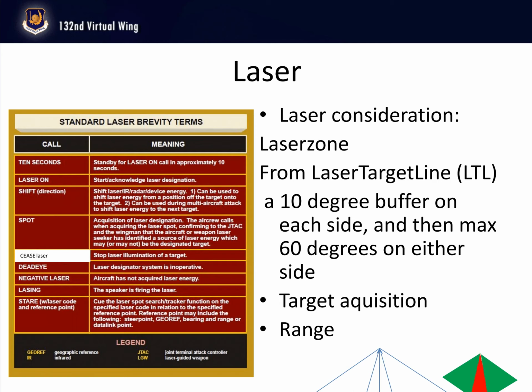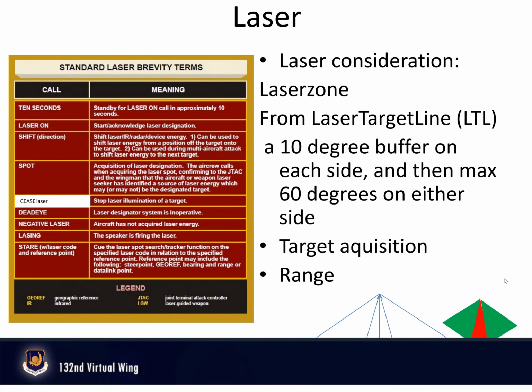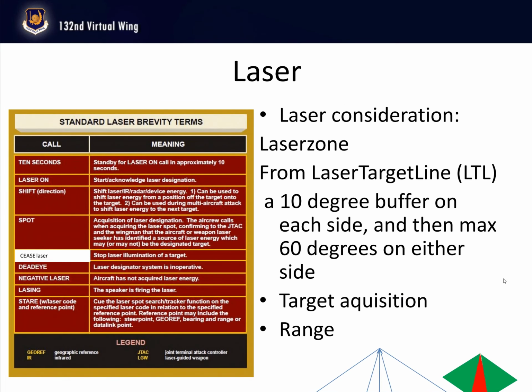If you see the bottom right corner, there's a red triangle, which is the definite no zone, and two green triangles on either side. If I'm lasing a target directly ahead of me, then I want the aircraft to be from 60 degrees to my left or to my right, in those triangles. If it's not possible, then ground lase will not be a possibility for this attack.